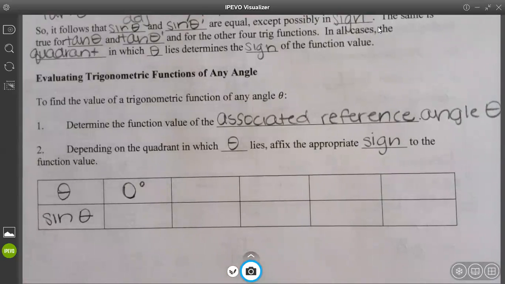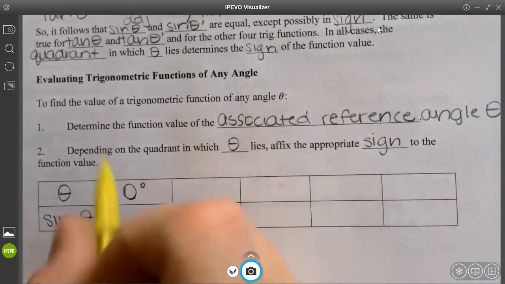So what would your sine be? Not sign sine, your trig function, sine. We just did it, y over r. What's your y at 0 degrees? 0 over 1, which will be 0.